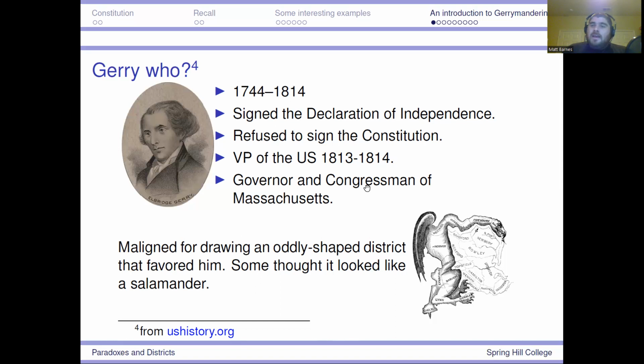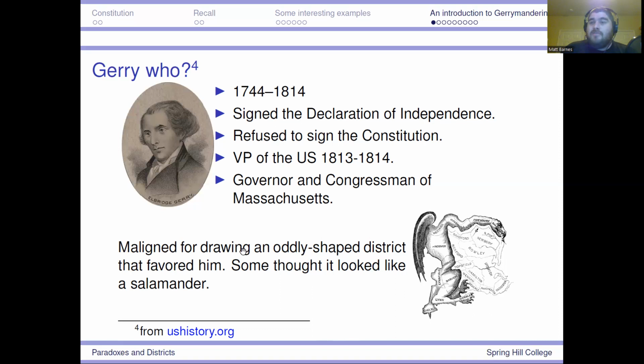Now, when he actually was in charge of drawing the districts at one point, he was kind of shunned or shamed for drawing an oddly shaped district that ended up favoring him. So you can actually see the map down here. Now, obviously, he did not draw it like a dragon, but a political cartoon at the time saw this shape and decided it was very dragon-like.